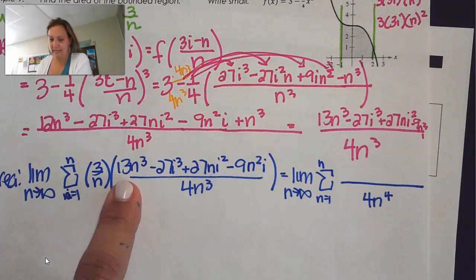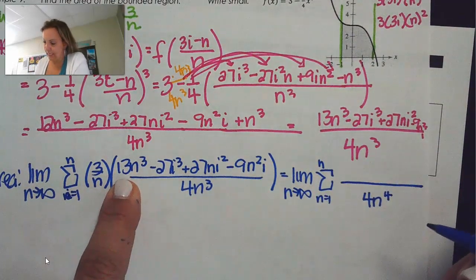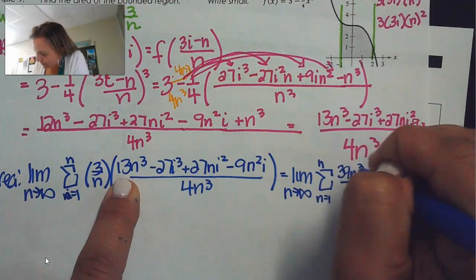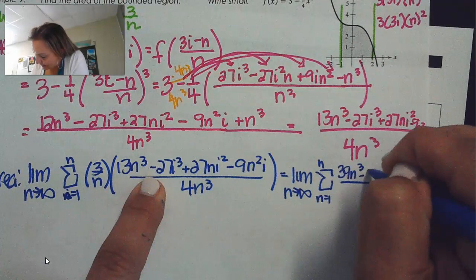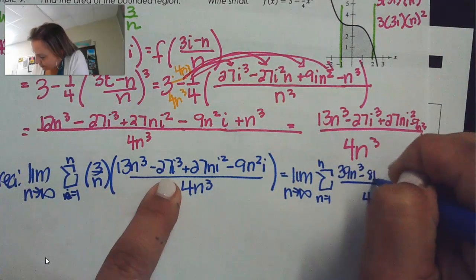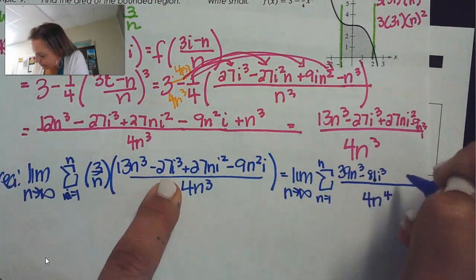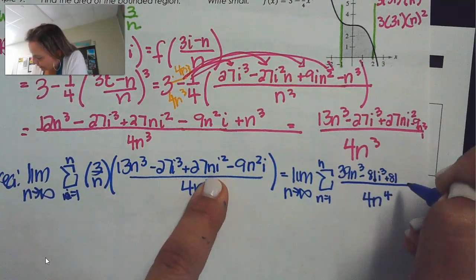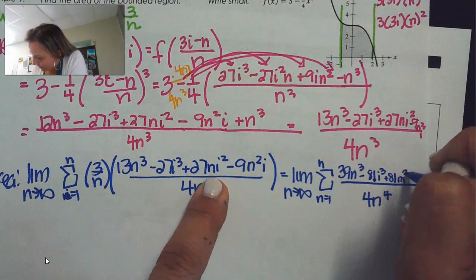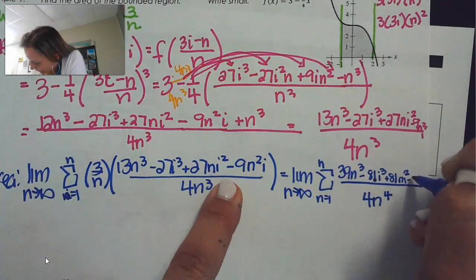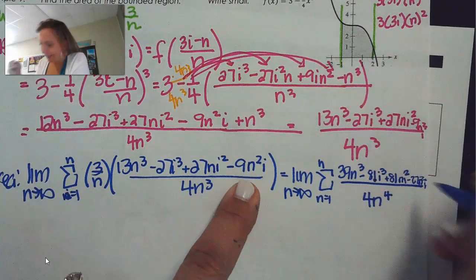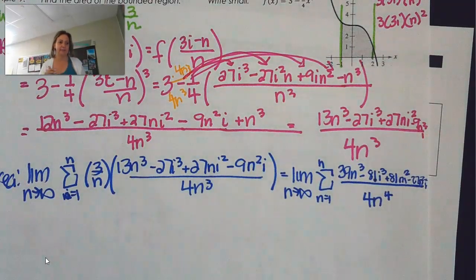And then this is going to end up being 39n cubed minus 81i cubed plus 81n i squared minus 27n squared i. I think I kind of made it. All right.